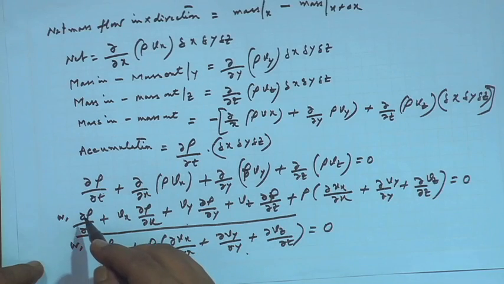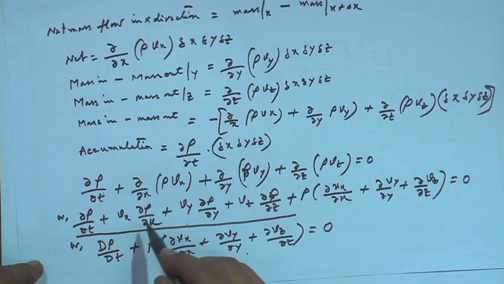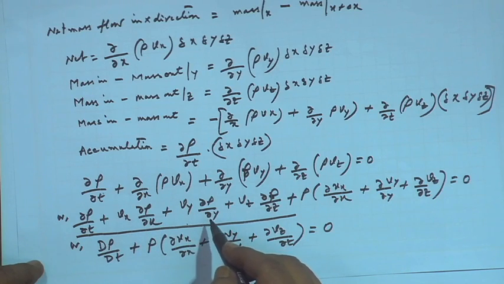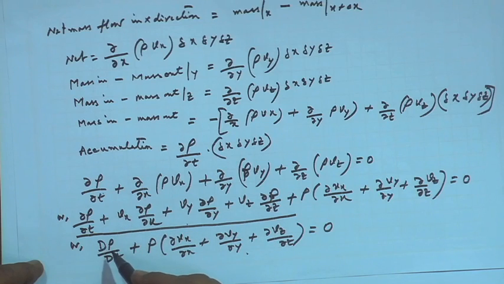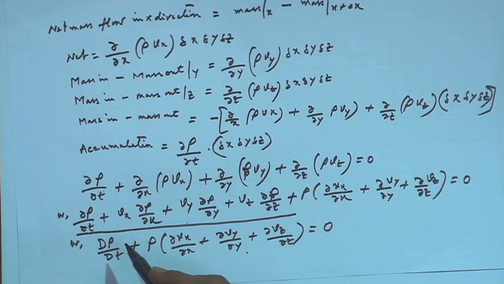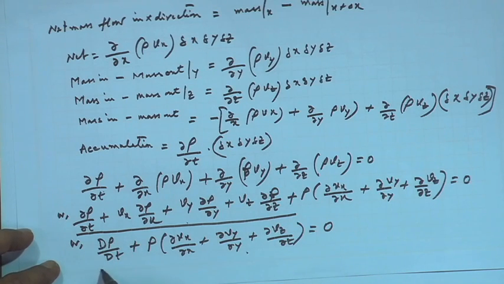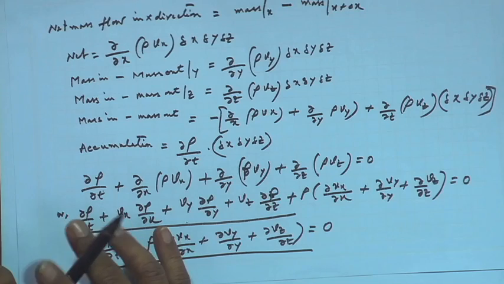That situation was the substantial time derivative, and there we showed that ∂ρ/∂t plus Vx ∂ρ/∂x plus Vy ∂ρ/∂y plus Vz ∂ρ/∂z was the substantial time derivative. So if we replace that with Dρ/Dt, we get this form.